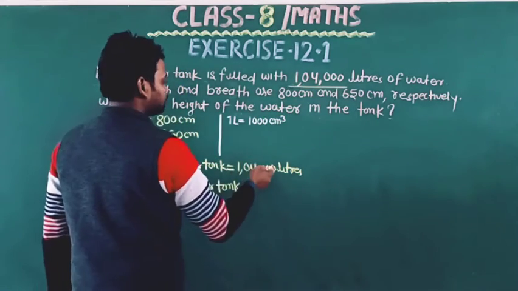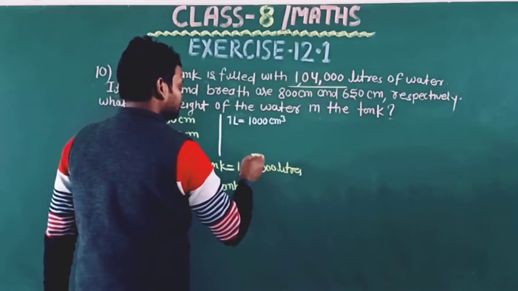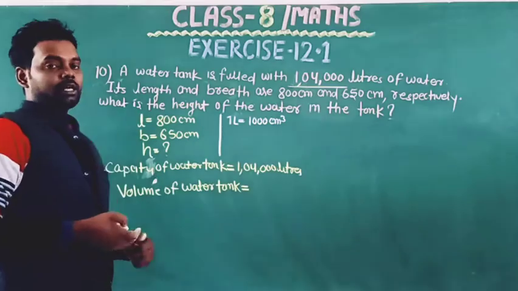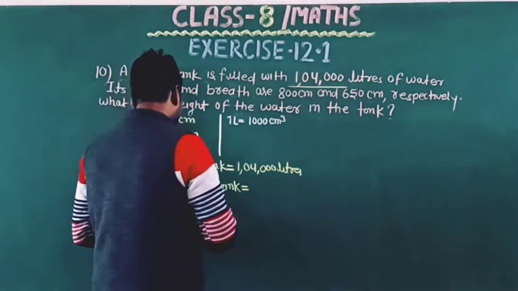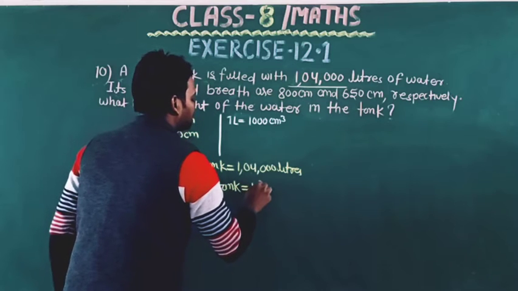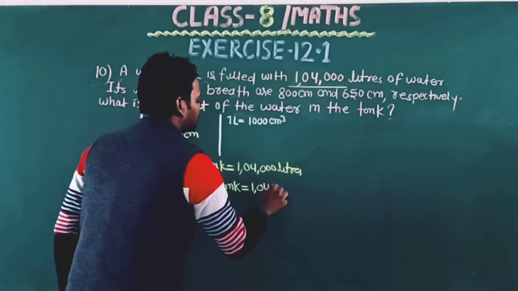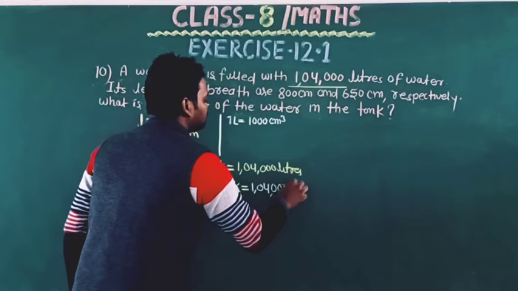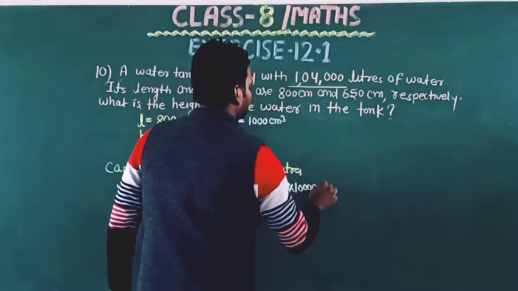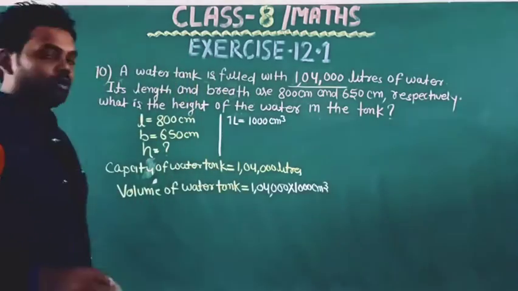So in 1,04,000 liters of water, we have 1,04,000 into 1,000 centimeter cube volume.